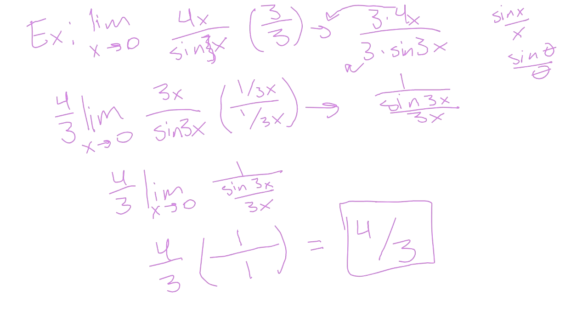Now let's try another one that's a little more challenging. This time, we want to find the limit as x approaches 0 of the cosine of 3x minus the cosine of x over x squared.